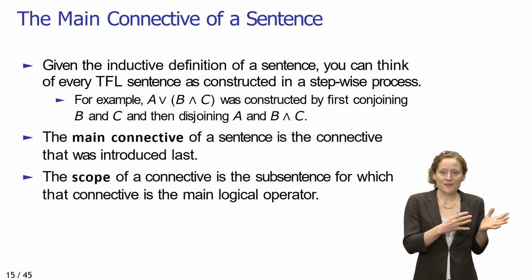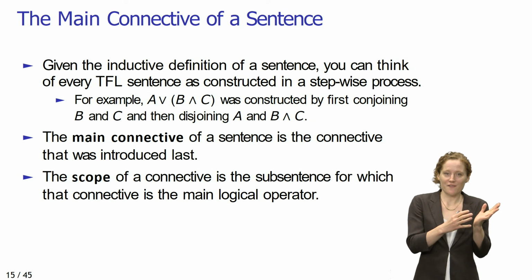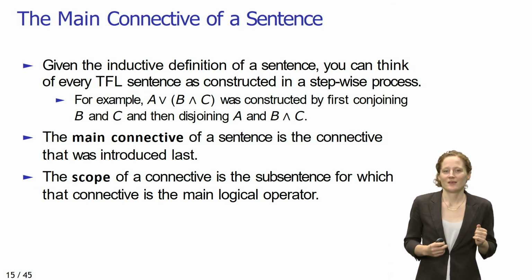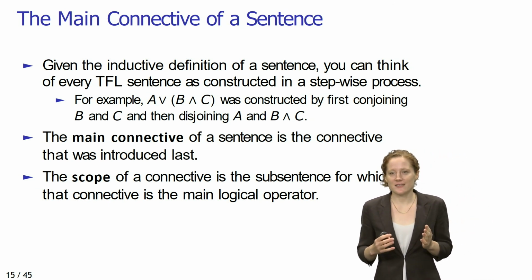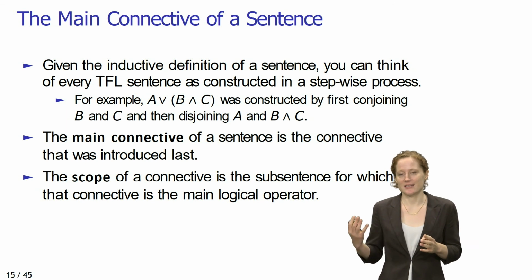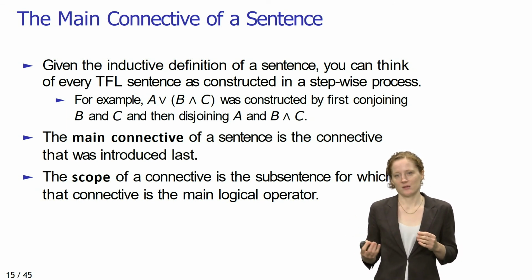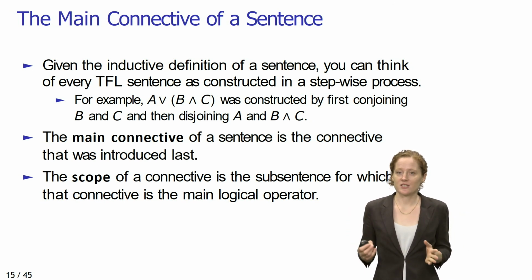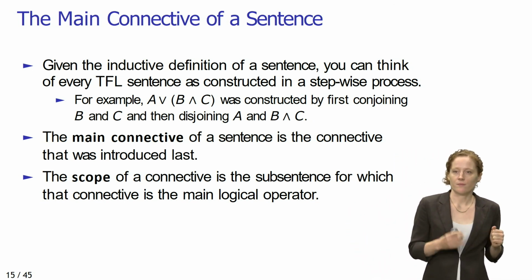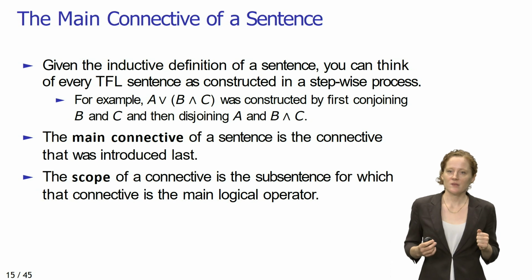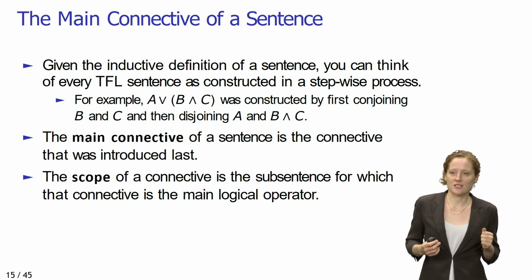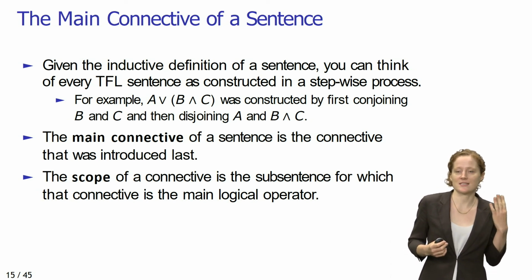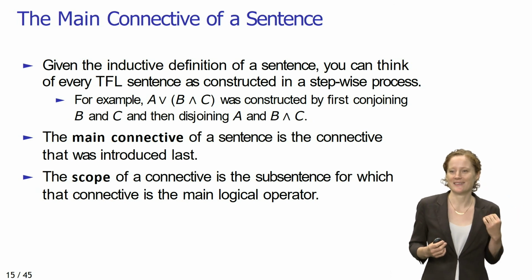Now, given the inductive definition of a TFL sentence, you can think of every TFL sentence as constructed in a stepwise process. So for example, if you think about the disjunction A or B and C, you can think of this disjunction as constructed in two steps.